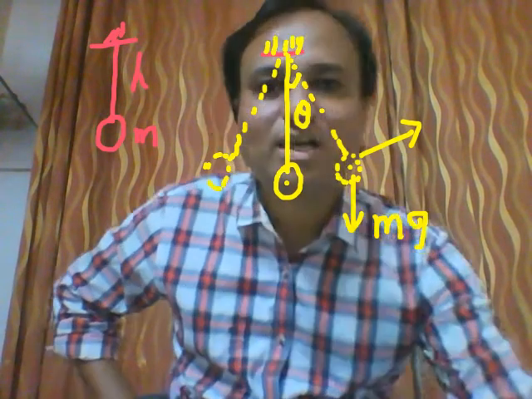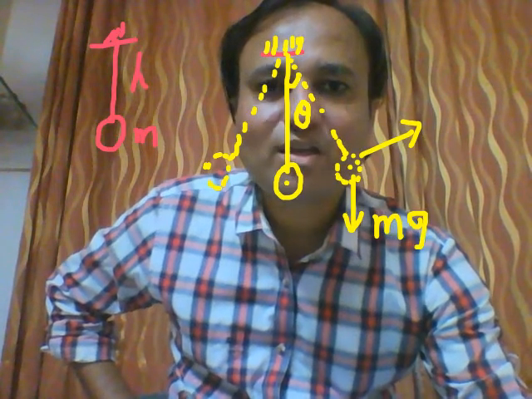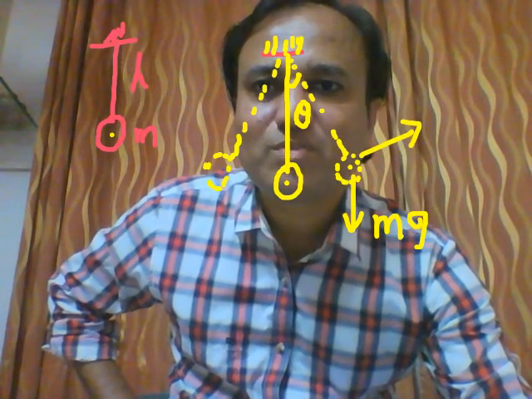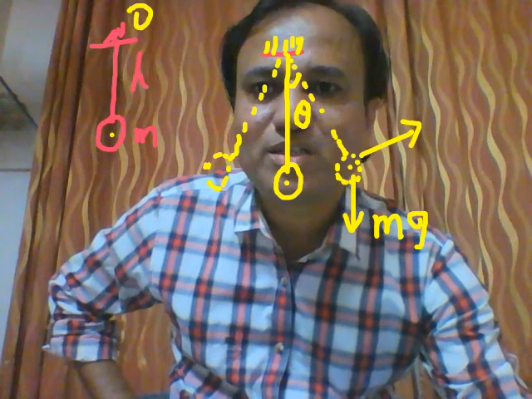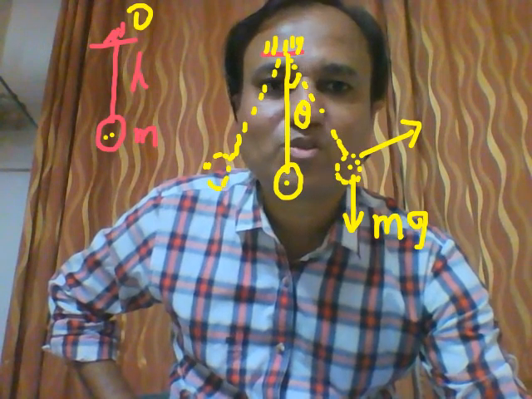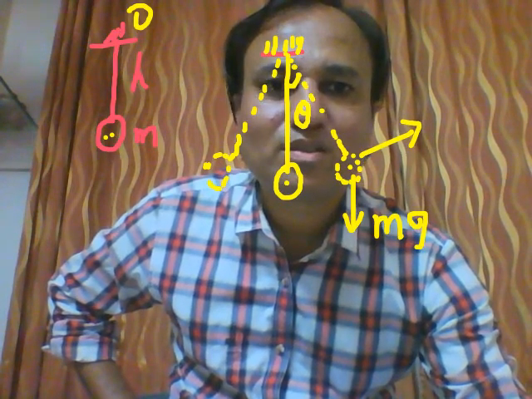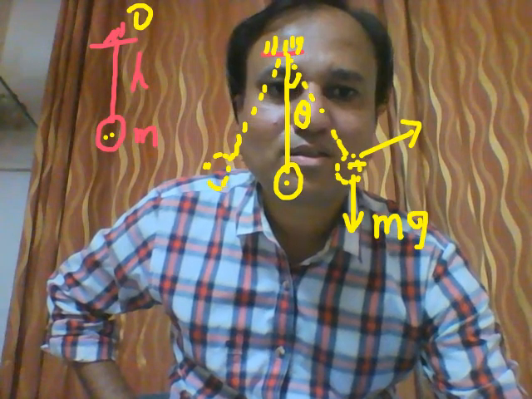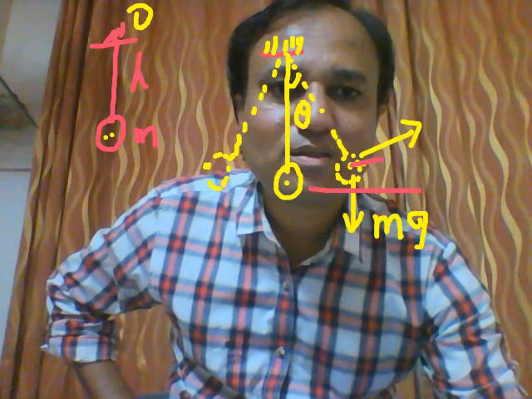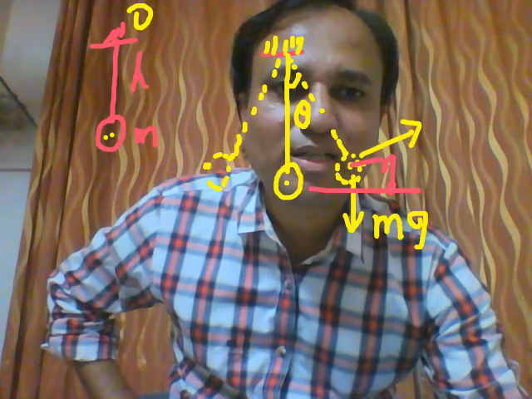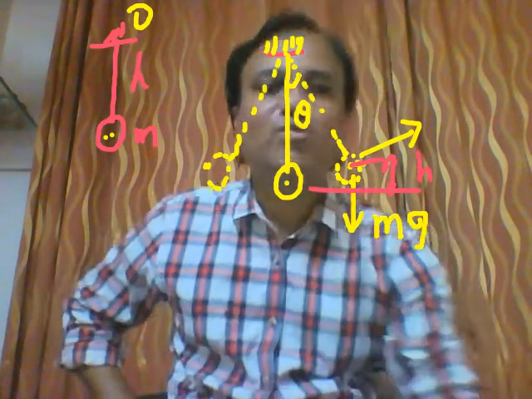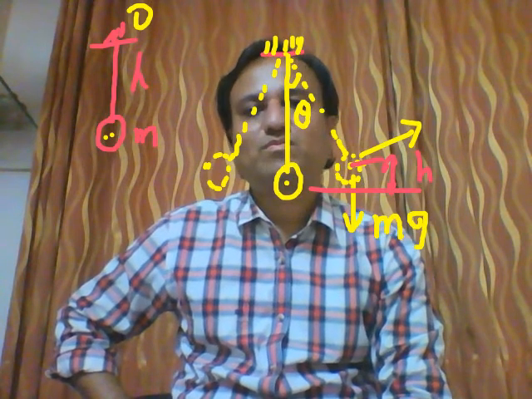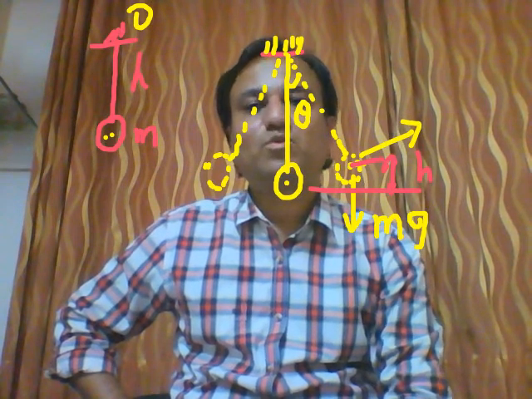L is the length of the pendulum, the distance between the point of suspension and the center of the bob. At the displaced position, the height h is required for further analysis.